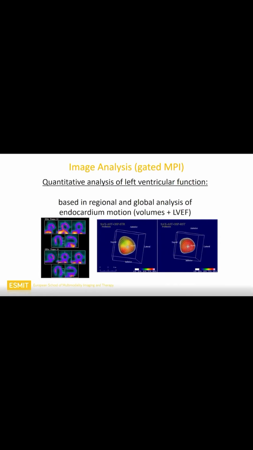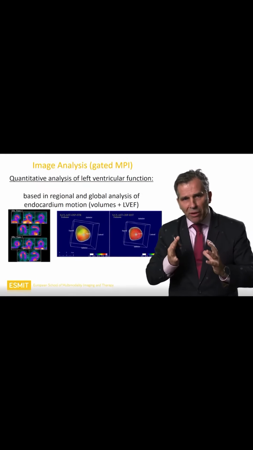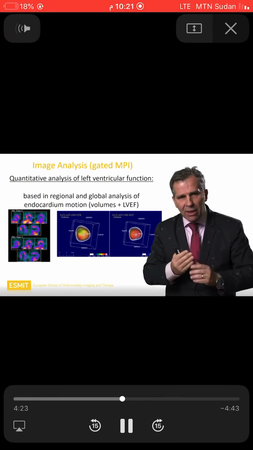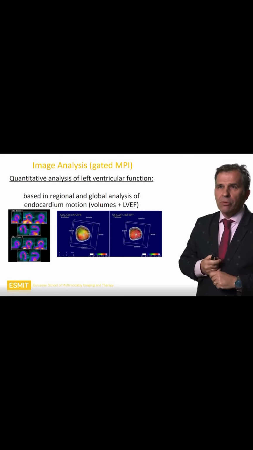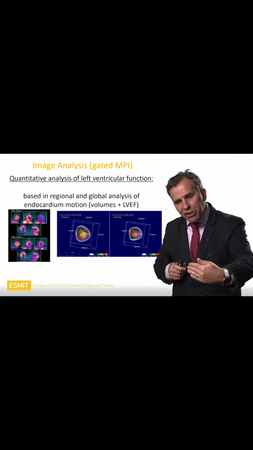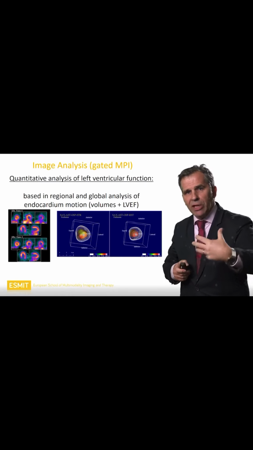Because sometimes we can detect an important finding like stunned myocardium. So maybe just after the stress, you have some stunned myocardium with hypokinesia, just the global hypokinesia of the left ventricle. So this is, again, the incremental additional value of MPI: the gated study with ejection fraction.